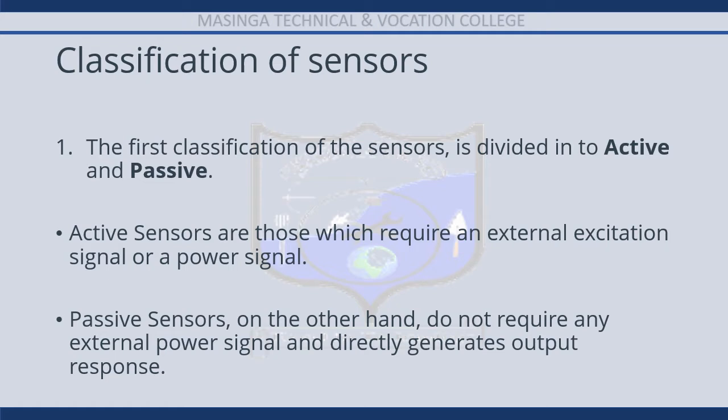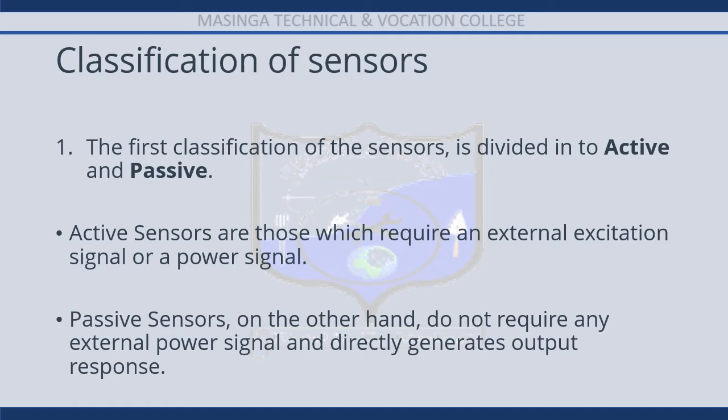In the natural world, we have an example of an active sensor in a mammal known as the bat. The bat uses a technique known as echolocation to be able to navigate. Echolocation works like this. The bat produces sound. This sound is then bounced off obstacles. Once it is reflected back, the bat is able to pick up the sound waves and produce a mental map of the terrain.